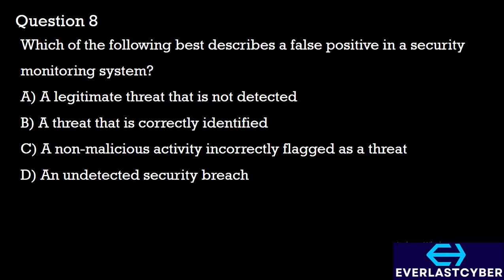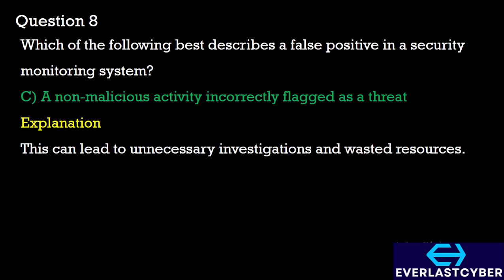This is also a false negative scenario. So, out of these options, the one that best describes a false positive in a security monitoring system is option C, a non-malicious activity that has been incorrectly flagged as a threat. Once this is flagged and investigation starts, this can lead to wasted resources.